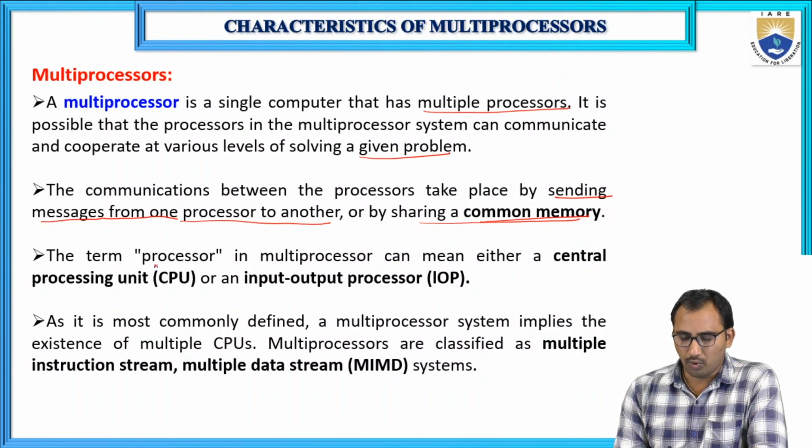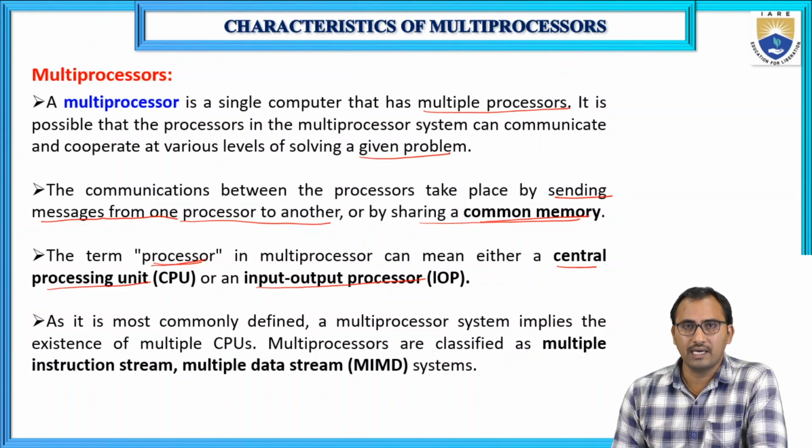Here, in a multiprocessor, we use the term processor. What do we mean by processor? Here we can use either the central processing unit, CPU, or the IO processor. The central processing unit takes care of all the operations performed, and the IO processor takes care of the operations performed on the IO devices.